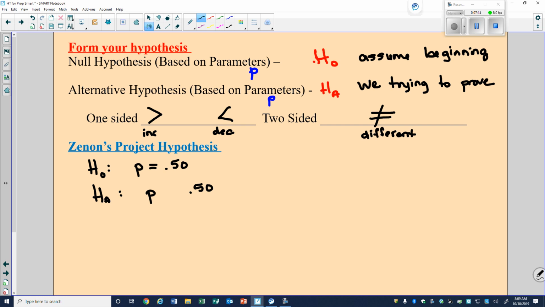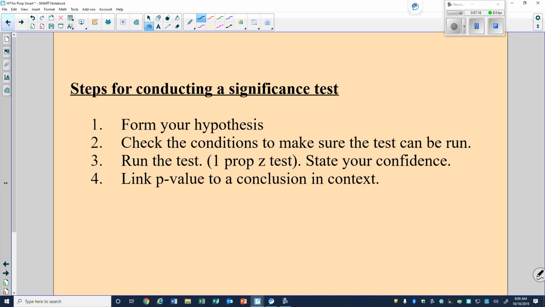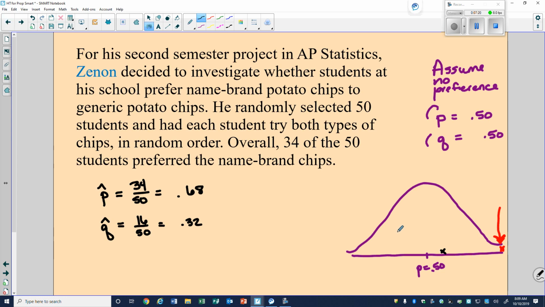But we need to look back at what we got for our results and try to figure out what we wanted to prove. Did we want to prove that it was going to be different overall? Were we looking for a preference for name brand or a preference for generic? Or were we just looking for a preference for one? And we were just looking for a preference for name brand potato chips.